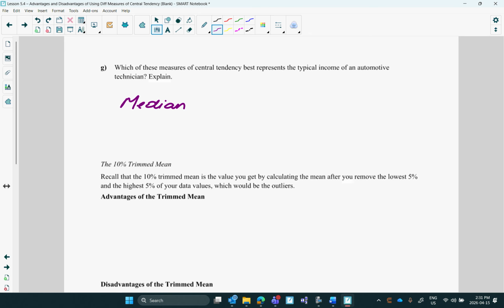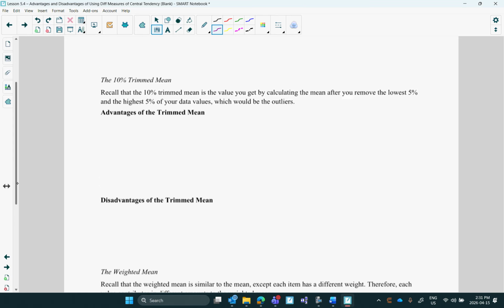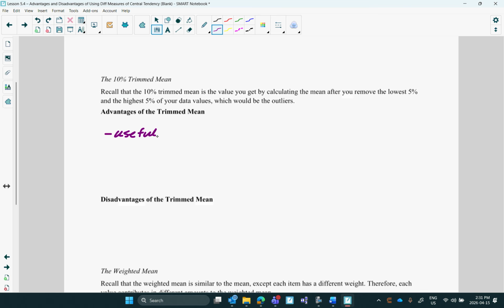Now, the other 2 measures of center we did were related to the mean: the trimmed mean and the weighted mean. So, advantages of the trimmed mean. It's useful for, and the statistical word we use is, skewed data.